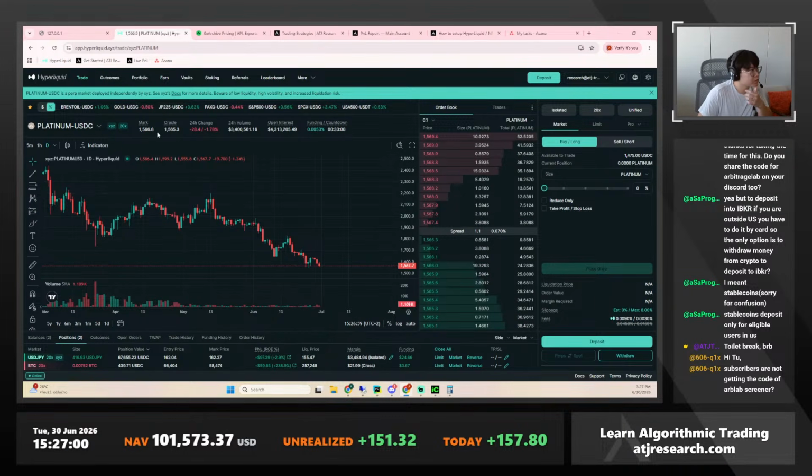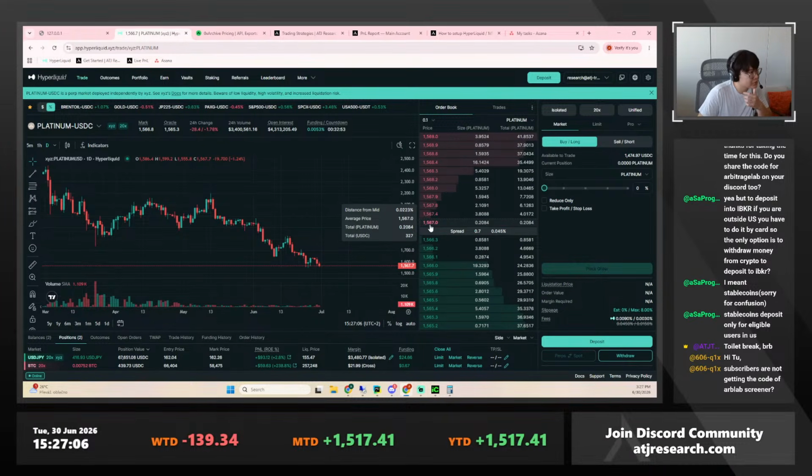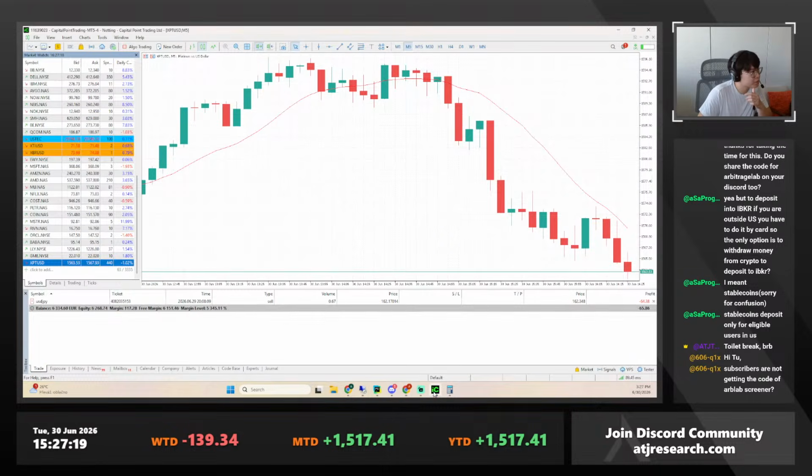So the Oracle price is 65, and here we can sell at 67. Yeah, it's still kind of expensive. The spread is very high on IC trading.